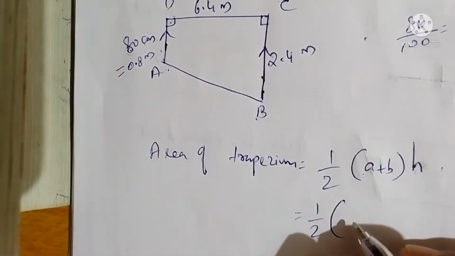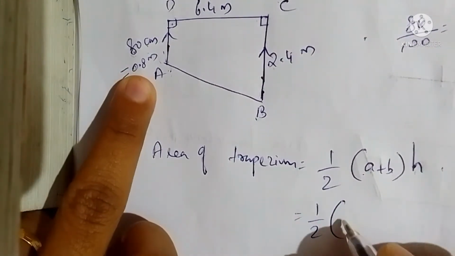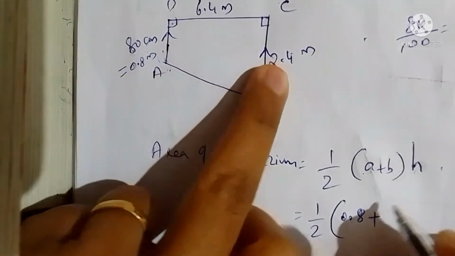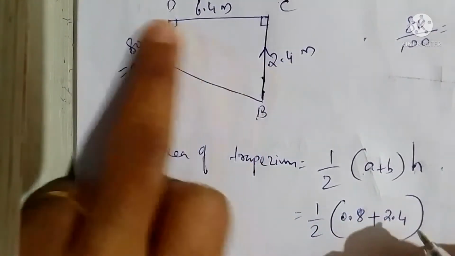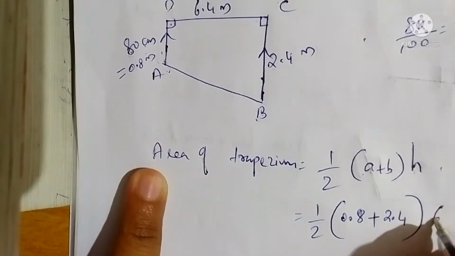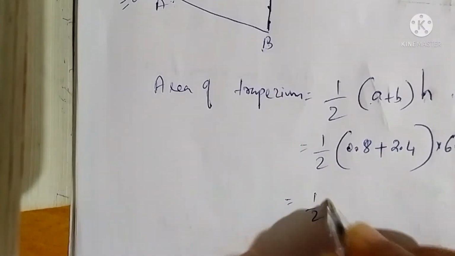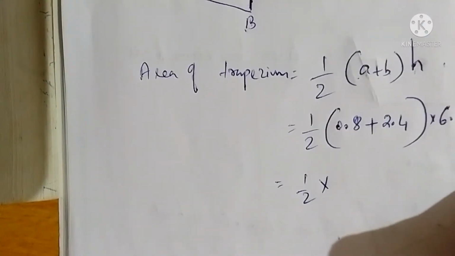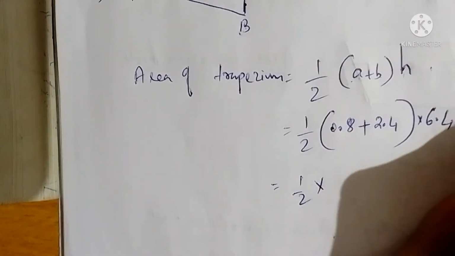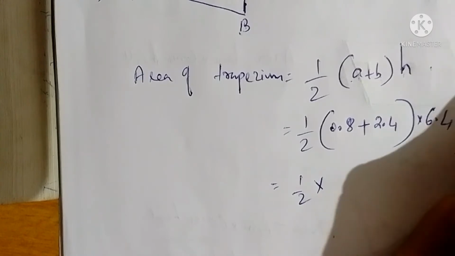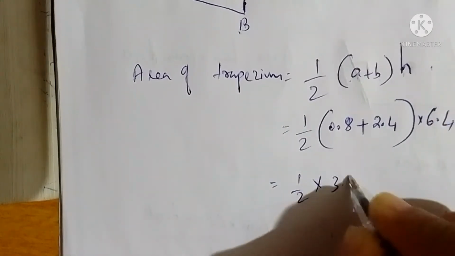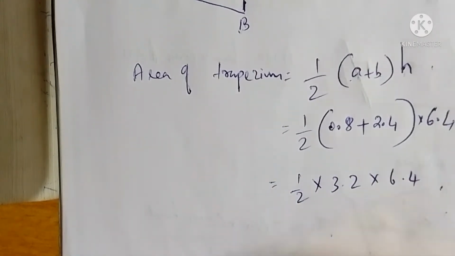Half into A, let us take 0.8, plus B 2.4, into height, it is 6.4. So half into 0.8 plus 2.4, you will get 3.2, into 6.4.